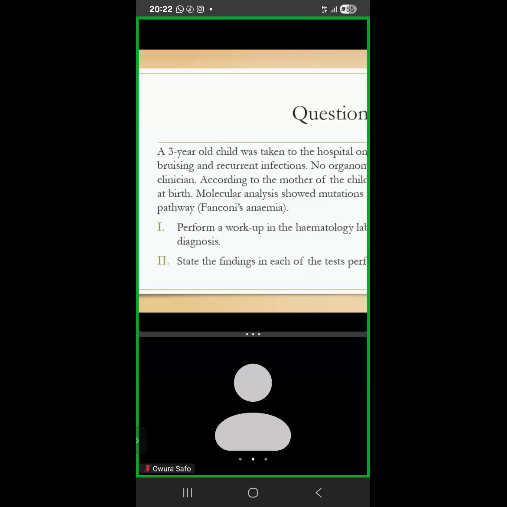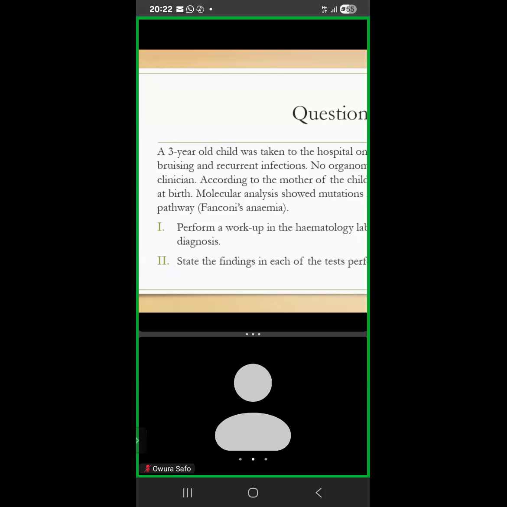In this situation, we have been told there are mutations in the Fanconi anemia pathway. So what we need to know is about Fanconi anemia and the pathway, what happens there, and how it affects us in hematology.